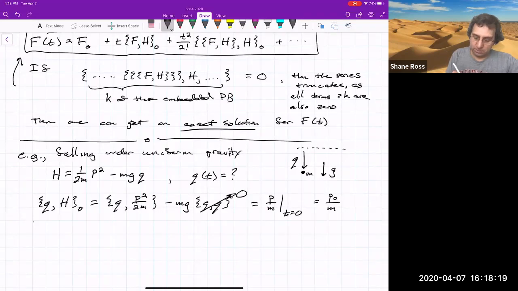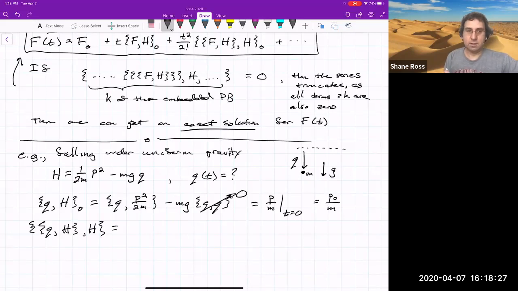Now, the next term would be q with h with h. So this is going to be, well, we've already figured out what q with h is. And then at the very end, we evaluate it at time equals 0. So q with h is p over m. p over m as a variable.